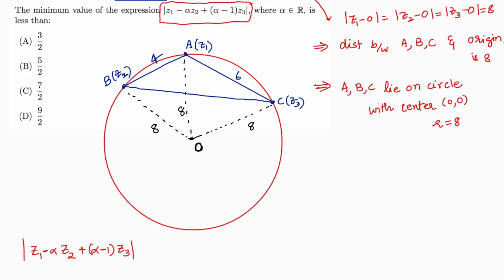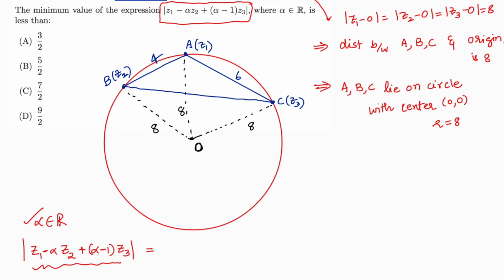Modulus of z1 minus alpha z2 plus alpha minus 1 into z3, where alpha belongs to real numbers. So if we change alpha, that means we get different complex numbers here, and out of all these complex numbers, whose magnitude will be least? This is the question.